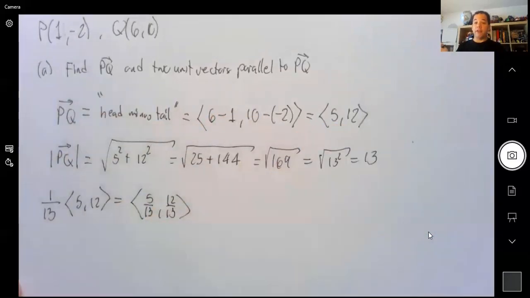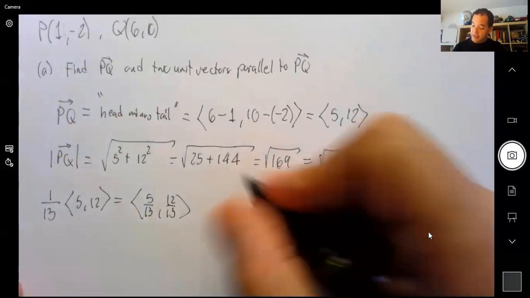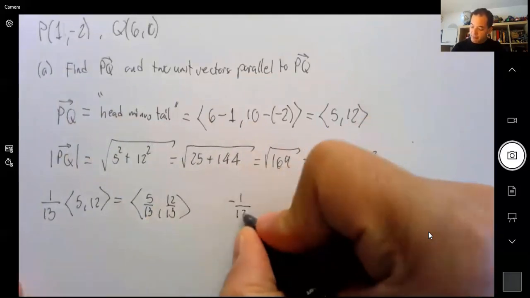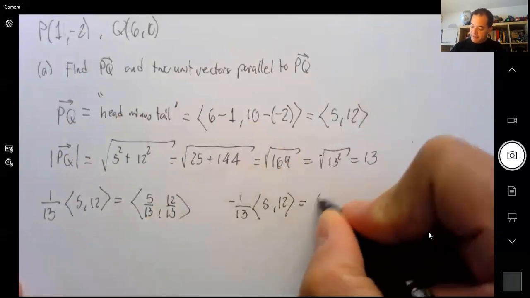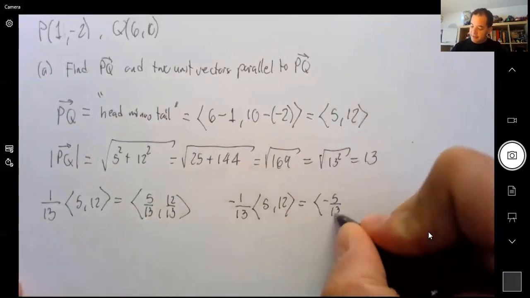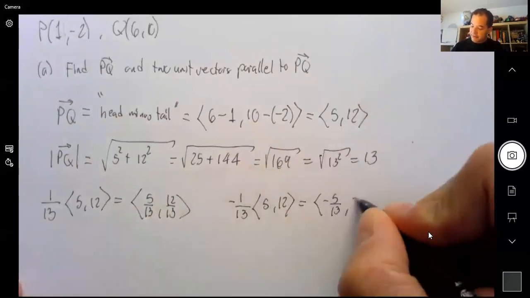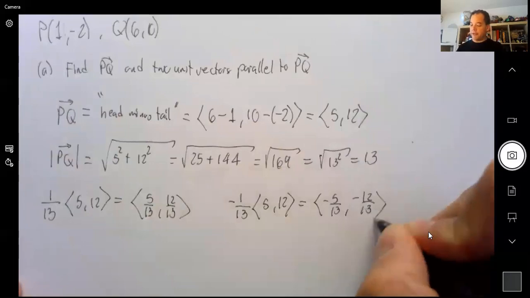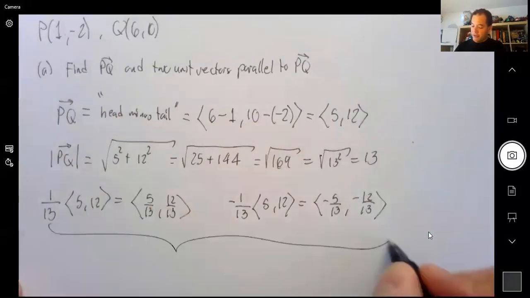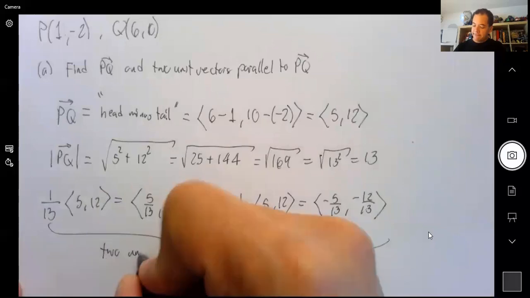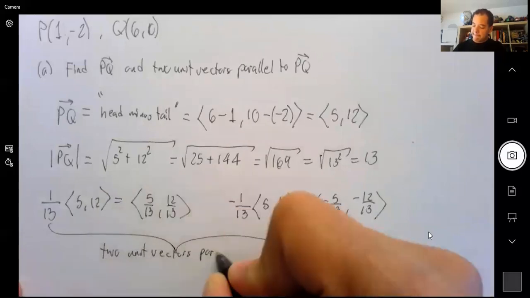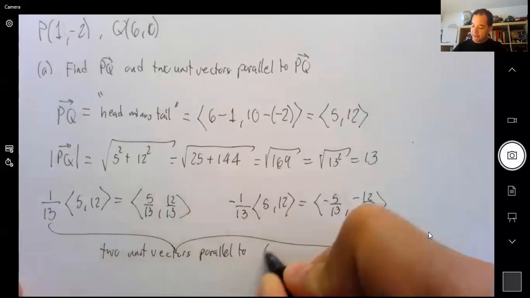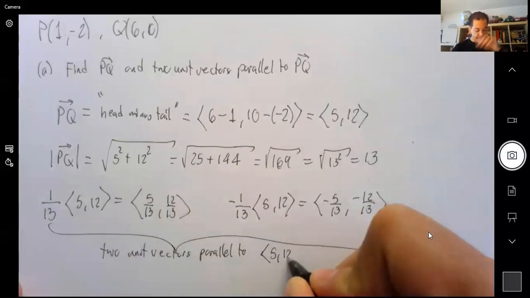And the other, the one that points in the opposite direction, is when you multiply by negative 1 over 13. And that's (-5/13, -12/13). So these are two unit vectors parallel to (5, 12).